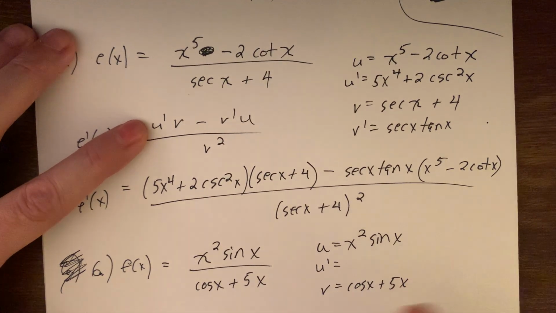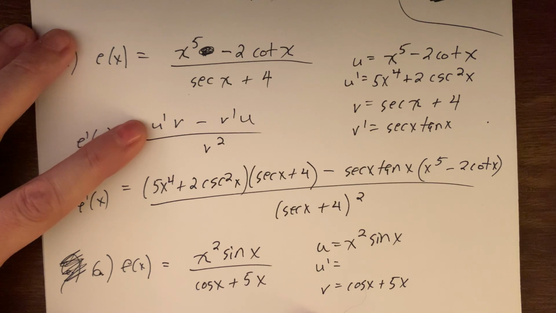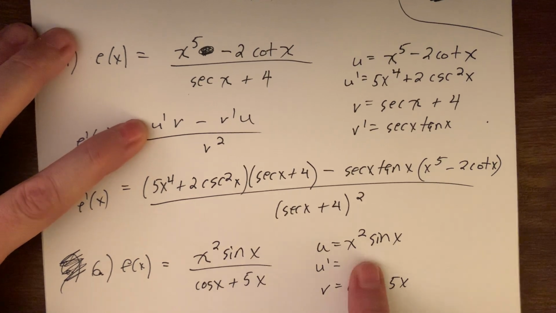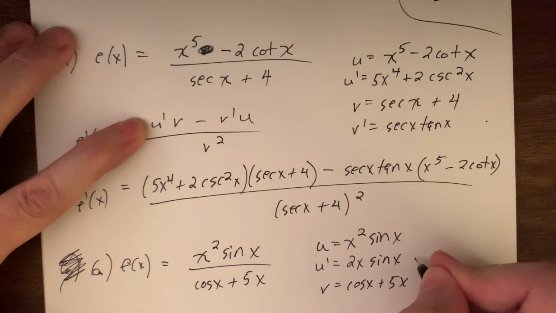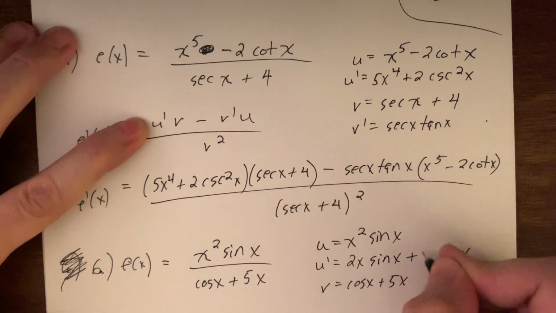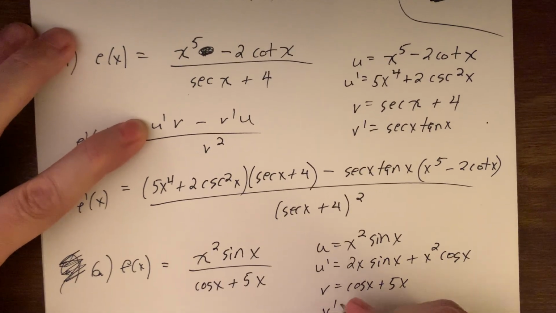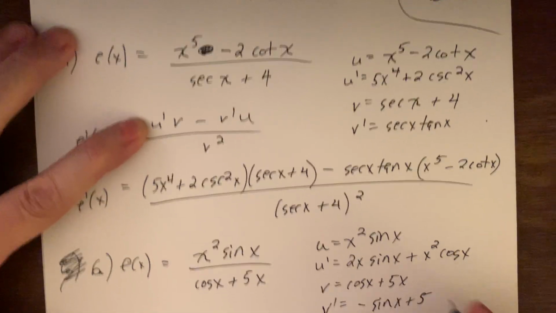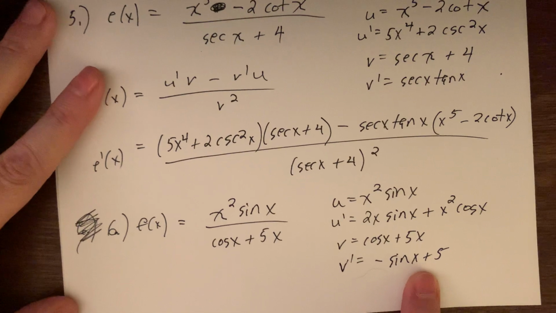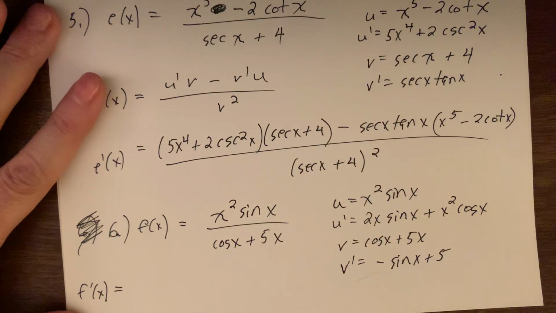You need different letters, since u and v are already being used. Use like a and b. And now translate your rule into a prime b plus b prime a. But I'm going to get the result: derivative of the first times the second plus derivative of the second times the original first. And I'm already going to make that a little nice and neat. v prime is negative sine x plus 5. So now, for room, I'm going to have to squeeze this in a little bit. But now it's all set up.